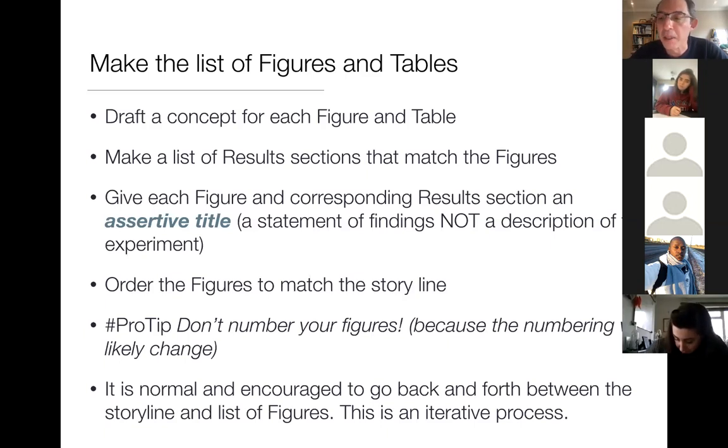So if you start doing that from the beginning, it will kind of box you into a hole where you think that's the order of my figures, it's never going to change. Whereas that's something that should be very flexible until the end, really, because you may have an idea of adding an extra experiment or something that will improve the storyline. So pro tip, don't number your figures. Give them names like figure, gene expression, gene X, something like that.